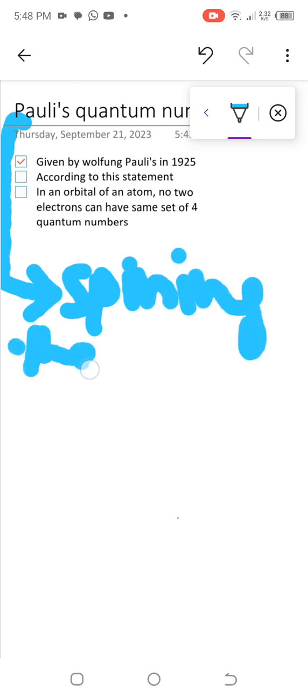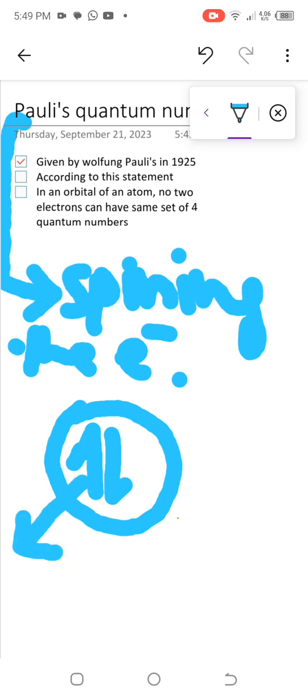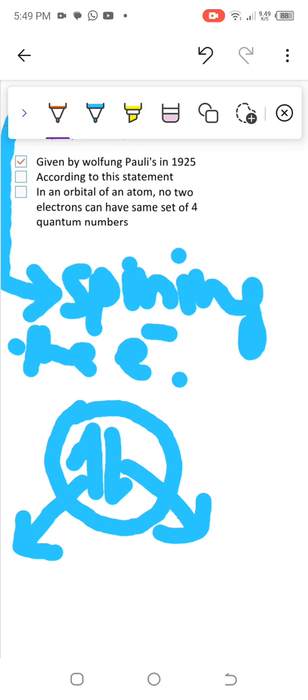Spinning of the electron. Electron spin in this way means one clockwise and one anti-clockwise, in two directions.